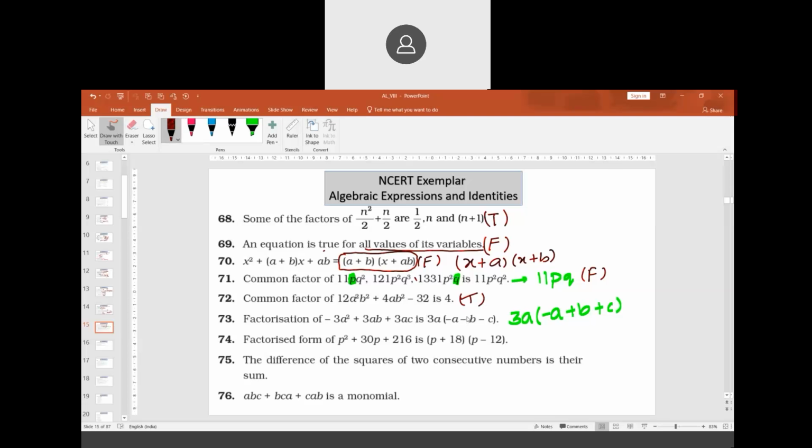If these two symbols were positive, it would have been true. Now the statement is false.